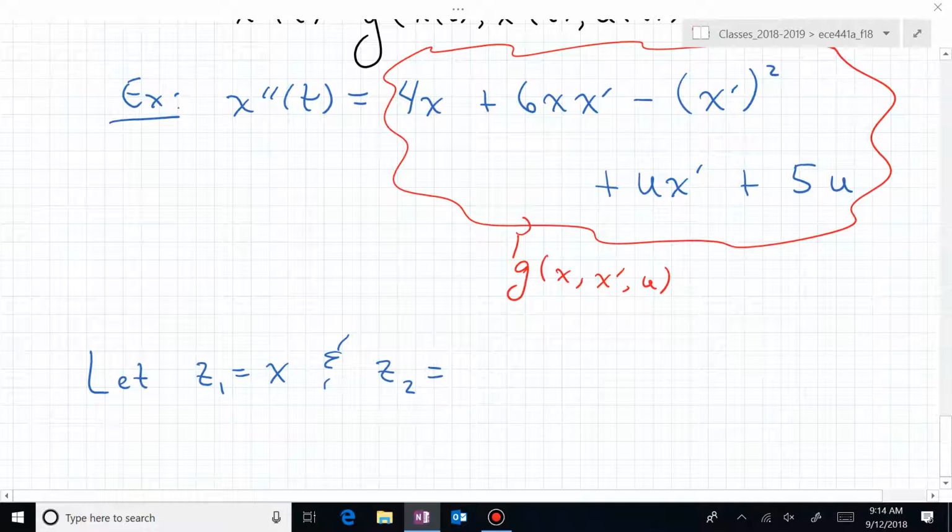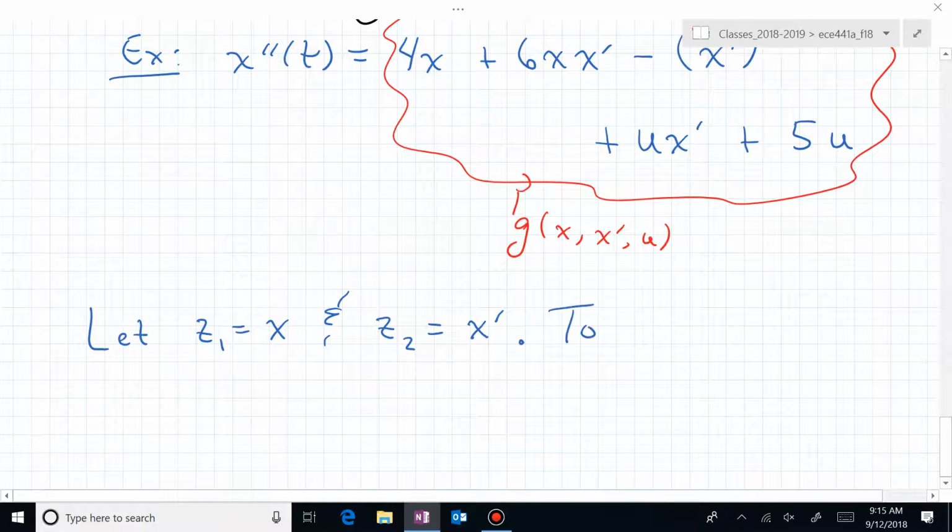So z sub 2 is what? Let's let that be x prime. And now this will allow us, because what do we need? We need to keep going with the components in z until, if we differentiate that component once, we finally get to the highest powered derivative in our nonlinear equation. And we have an x double prime. If I differentiate z sub 2 once, I will then get the x double prime that I need. So I can stop with the components in z at this point.